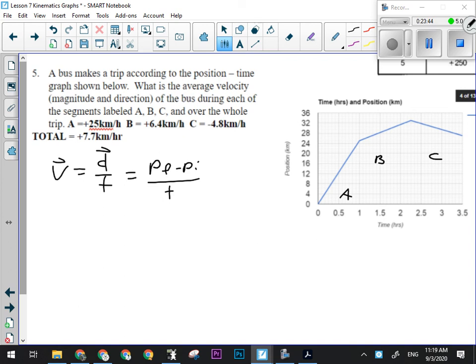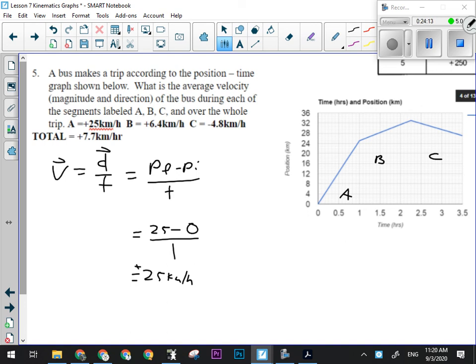For part A, we go from an initial position of 0 to a final position of 25, and that takes 1 hour. So we get 25 kilometers divided by 1 hour, giving us 25 kilometers per hour, and that's positive because it's in a positive direction. Everybody all right with that?